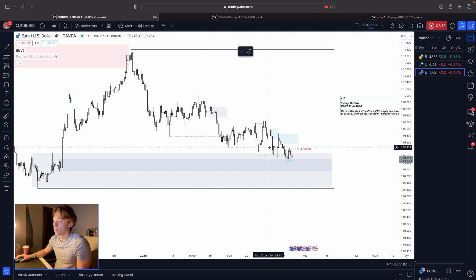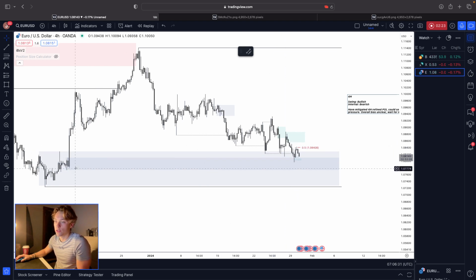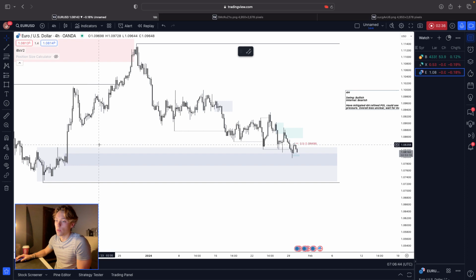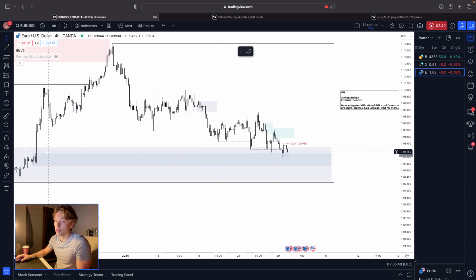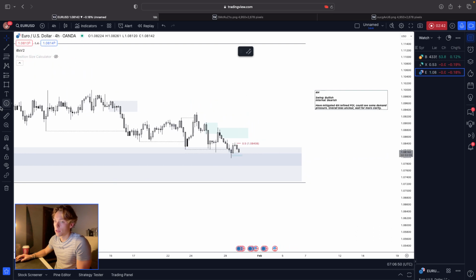However, again, it's not the most convincing. This point of interest had this straight sort of leg up, which is called an imbalance, and these are generally, from my testing, quite weak points of interest. So I wouldn't put too much emphasis on it, but we just have to be aware that this demand could allow for some sort of bullish pressure.